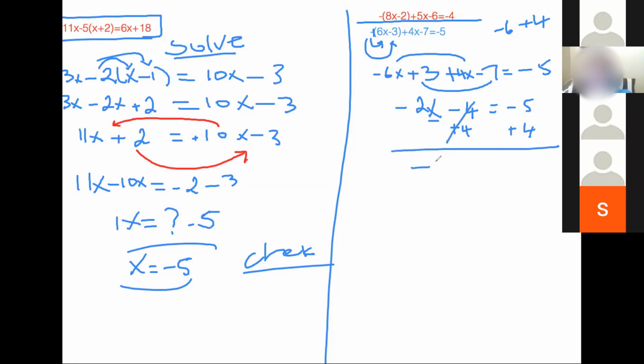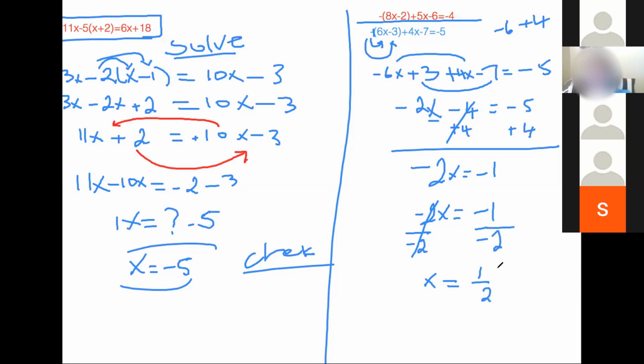So these cancel out. -2x equals -5 plus 4, which is -1. You still don't have the x by itself. What number needs to be canceled? Divide by -2 on both sides. That way these two cancel out. So x is -1 divided by -2, that would be just +1/2.